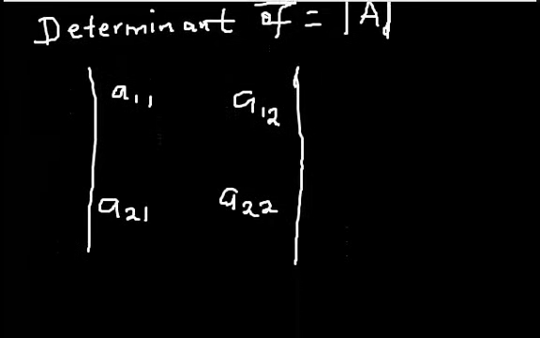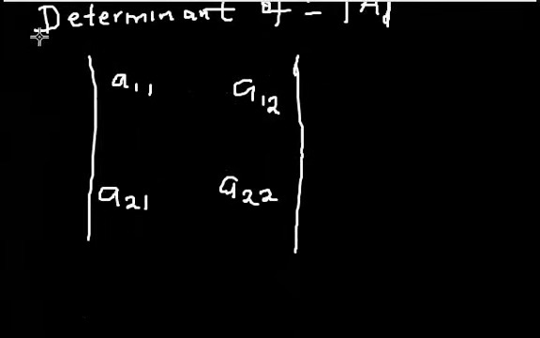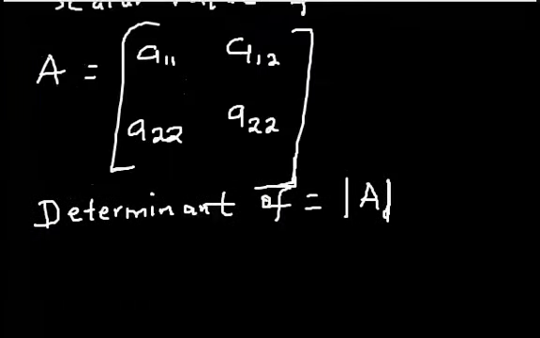So the question is, how do we actually evaluate a determinant? It's very simple. We want to evaluate the determinant of the matrix A. I'm going to subtract the product of the diagonals.